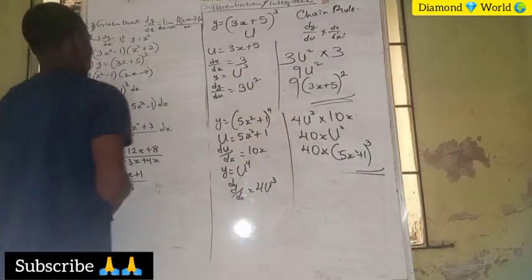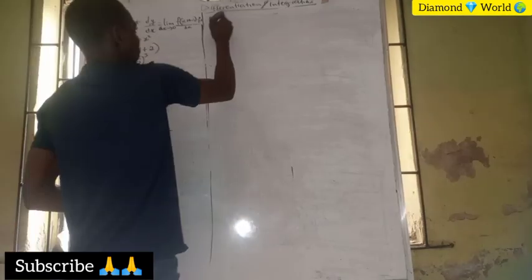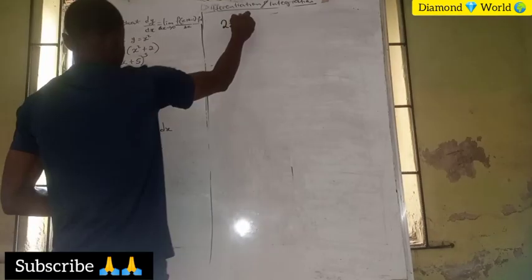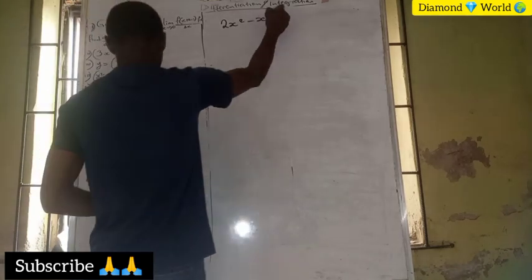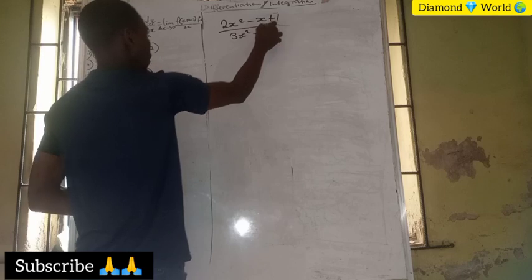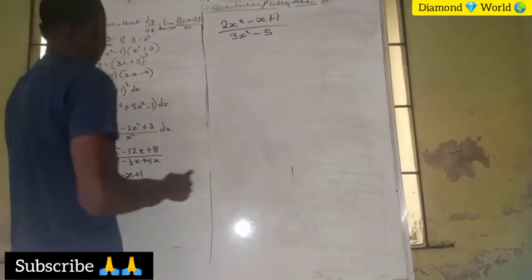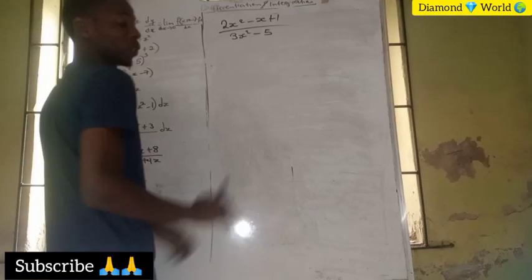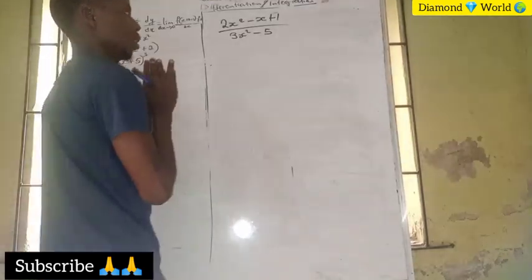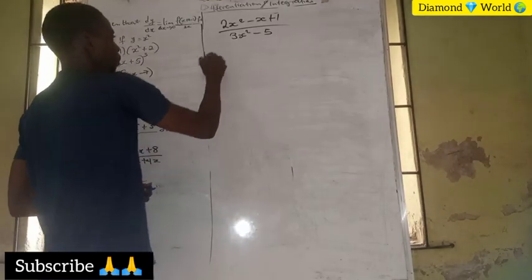Now we move down to this one. It is called the quotient rule: 2x squared minus x plus 1 over 3x squared minus 5. Now I'm showing us how to solve this properly without the shortcuts, the normal way.